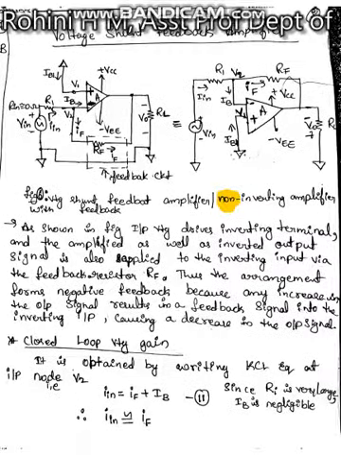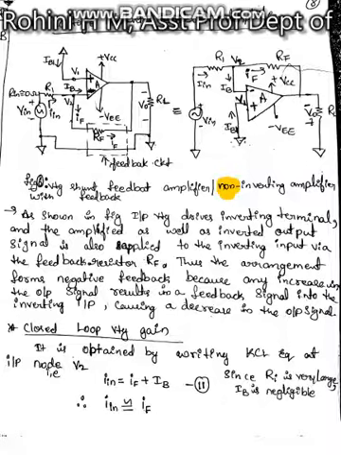Next we will discuss the inverting op-amp, also called the voltage shunt feedback amplifier. This is the circuit diagram of the voltage shunt feedback amplifier, or inverting amplifier. Since it is an inverting amplifier, we apply the input signal to the inverting terminal, whereas the non-inverting terminal is grounded.